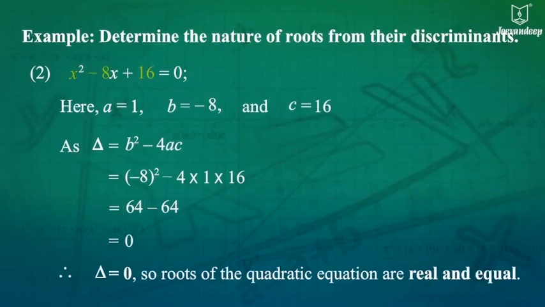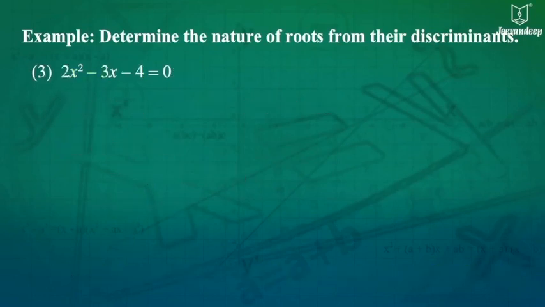So, the roots of this quadratic equation are real and equal. 3. 2x² - 3x - 4 = 0.